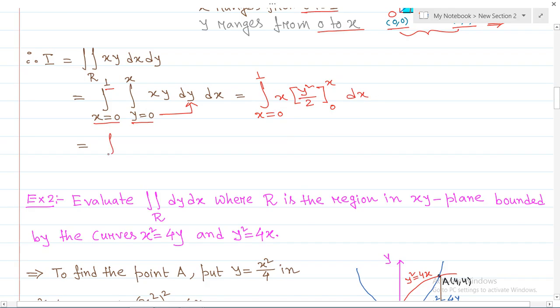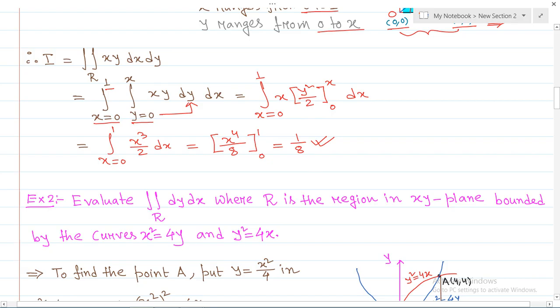So from x equal to 0 to 1, in x into y we substitute y by x, so x square, and with the x it becomes x cube, so x cube divided by 2 dx. Now the integration of x cube is x to the power 4 divided by 4, with 2 already there, so 4 into 2 is 8, and with the limit of x from 0 to 1, the value of the integration comes out as 1 upon 8.